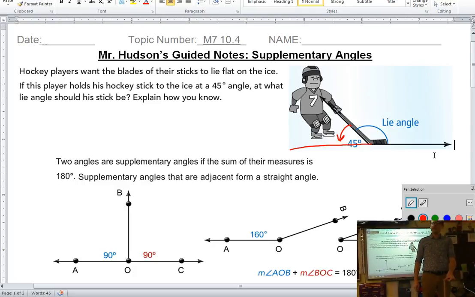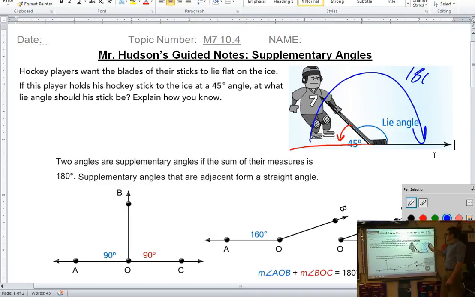How far has that gone? 90 degrees. Now if I let it go the rest of the way, 180. So this in total is 180, which means that the angle here, the lie angle of the stick, would be what's left over when we get rid of the 45. 135. 135.